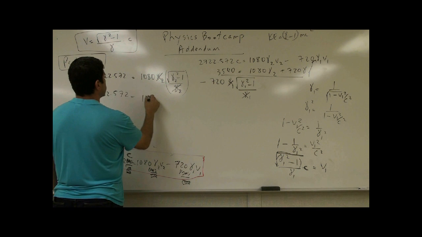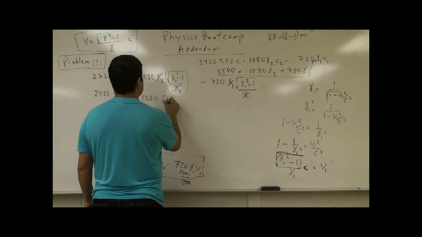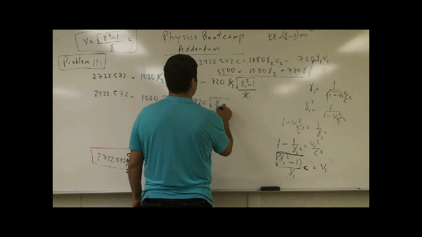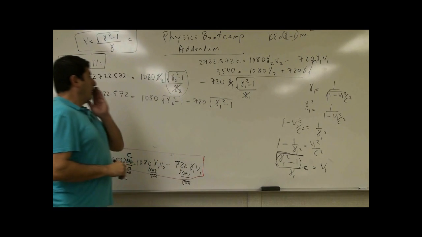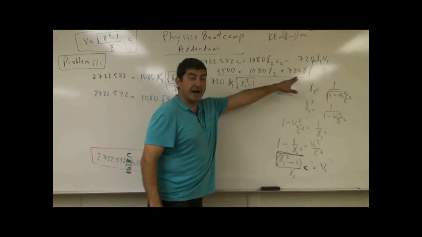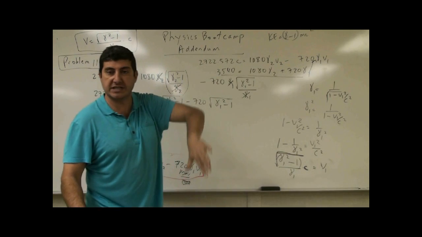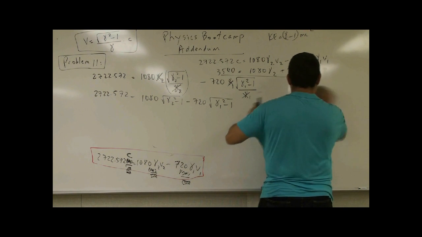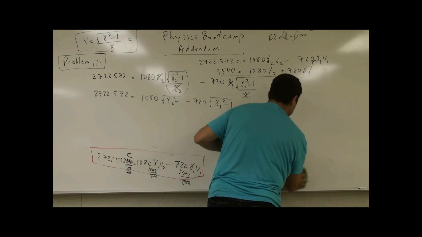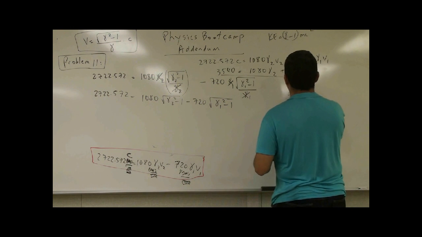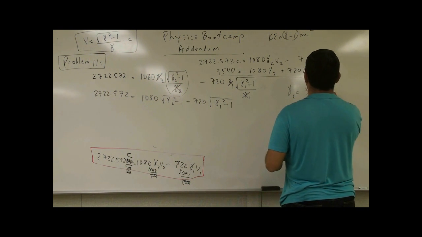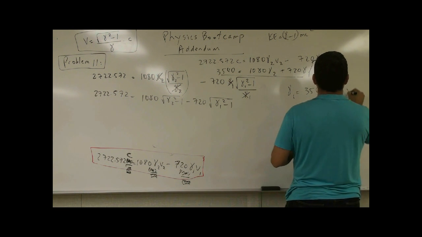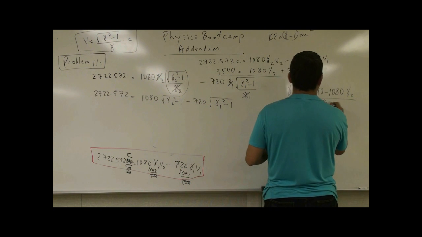2722.572 is equal to 1080 times the square root of gamma 2 squared minus 1, minus 720 times the square root of gamma 1 squared minus 1. Okay, now from the bottom equation, I can substitute what gamma 1 was in terms of gamma 2. Remember, gamma 1 was 3540 minus 1080 gamma 2 over 720.